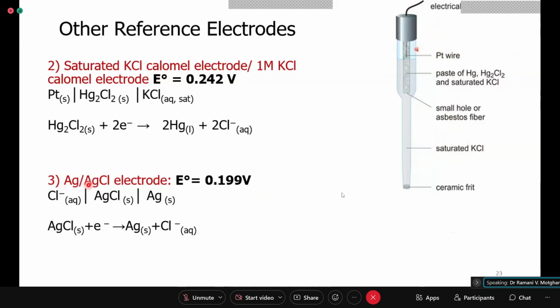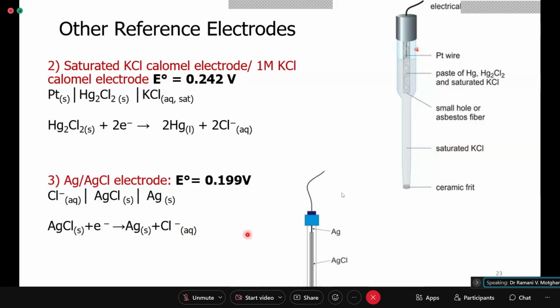Then the other electrode is the AgCl electrode. That is a silver wire coated with silver chloride. It is dipped in some HCl containing some quantity of silver nitrate so that it gets saturated with AgCl. So this is chloride aqueous, AgCl, Ag solid. AgCl plus an electron gives Ag solid plus chloride ion aqueous.